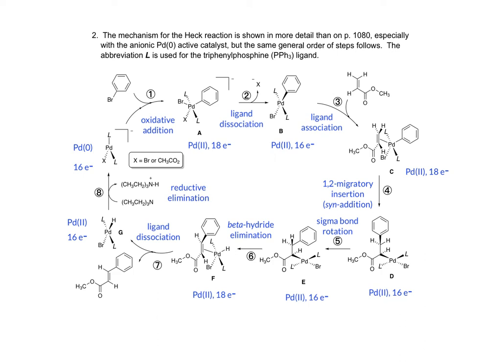in which the bromide anion stays coordinated to palladium, but triethylamine acts as a Bronsted base to remove hydrogen from intermediate G with a pair of electrons donated to a d orbital of palladium to regenerate the palladium-0 active catalyst for another catalytic cycle.